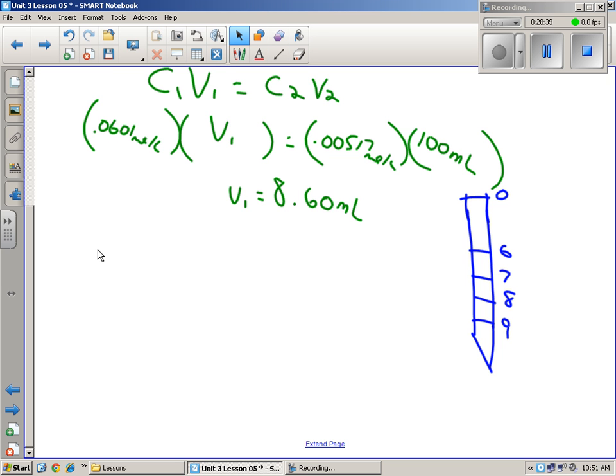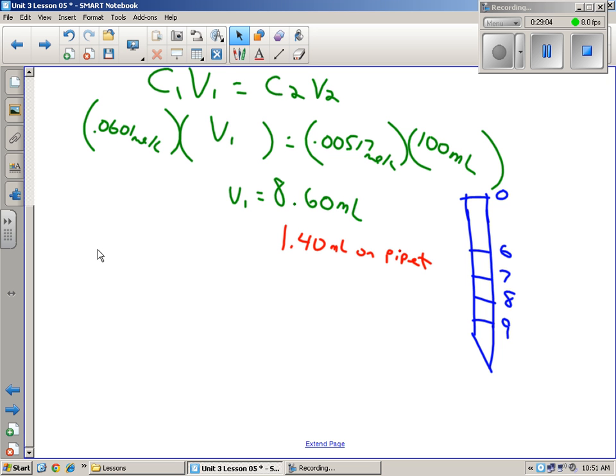So if we need 8.6, what do I fill it up to? It's called a calculator if you can't do that in your head. What do we need to fill it up to actually? 1.4, yes? Those two numbers have to add up to 10, okay?